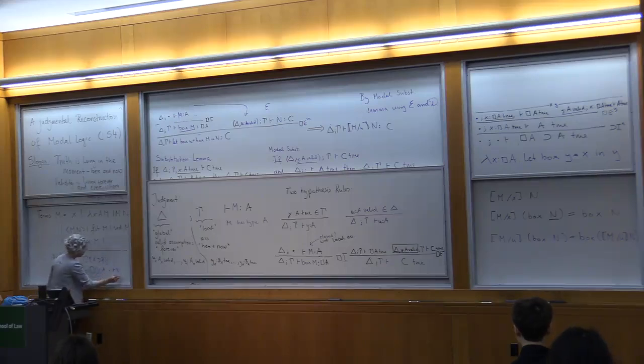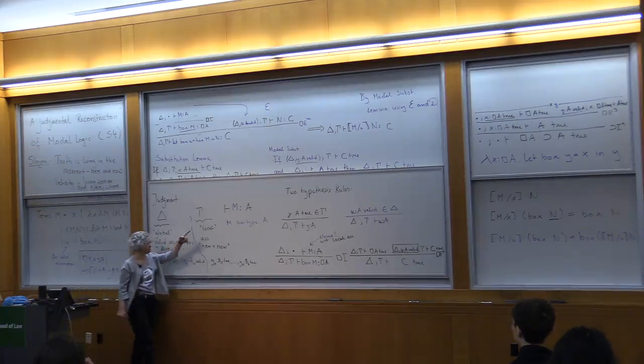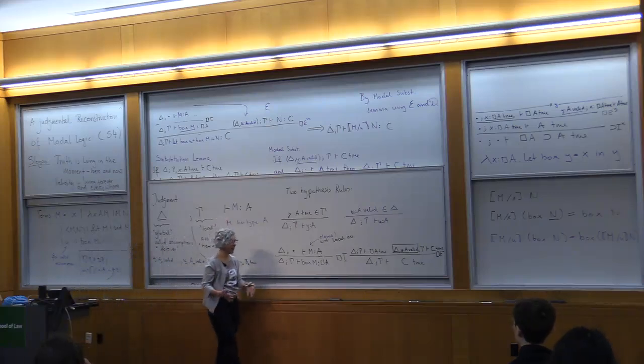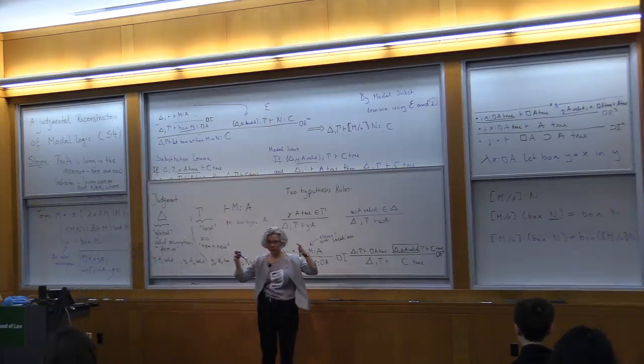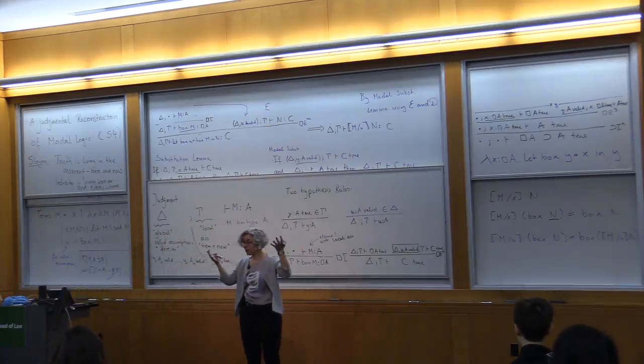And I'm going to use this kind of symbol here to distinguish it from our normal term style, because what will happen is that we're going to internalize a derivation that might depend on assumptions.